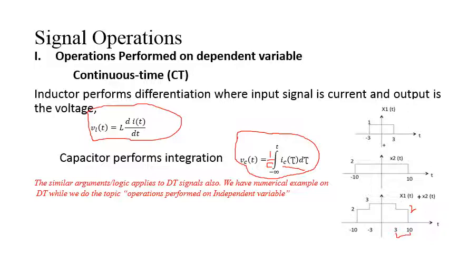If you look at the first signal, it is 0 from minus infinity up to minus 3, and from minus 3 up to plus 3 the signal is 1. I hope this is clear to you, that we do the addition point by point.